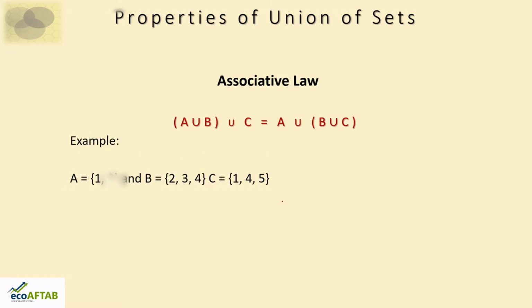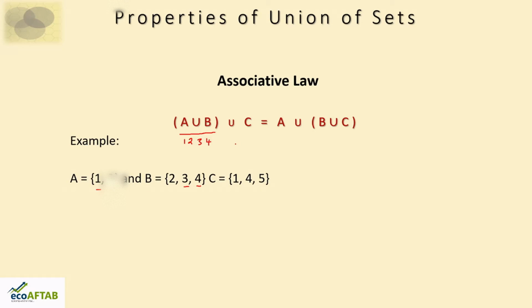Example, if A is 1, 2, B is 2, 3, 4 and C is 1, 4, 5, then first we'll find A union B. A union B is 1, 2, 3, 4.